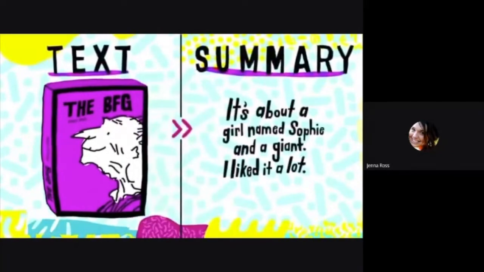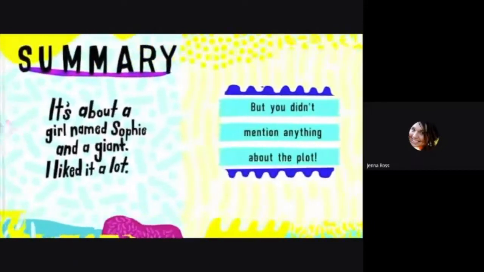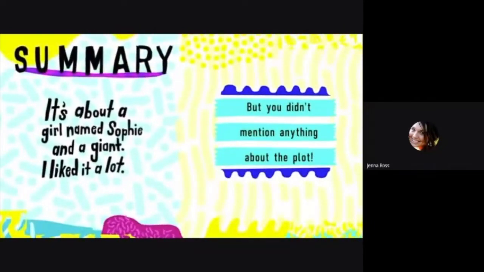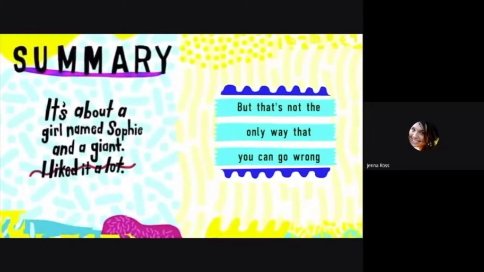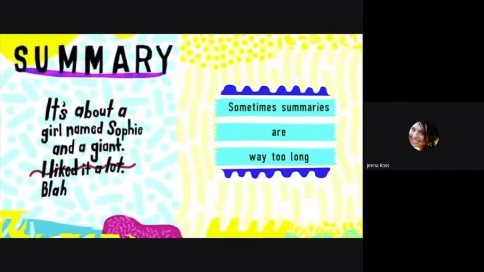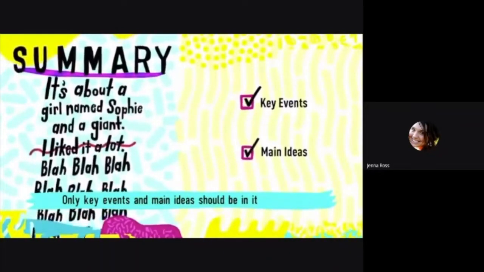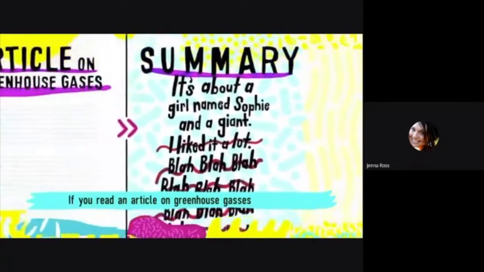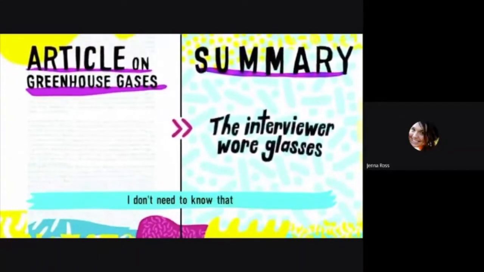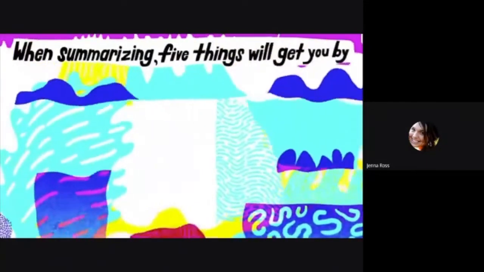Your summary, it's about a girl named Sophie and a giant. I liked it a lot, but you didn't mention anything about the plot. That summary is missing critical facts. You said you liked it, we don't need to know that. But that's not the only way that you can go wrong. Sometimes summaries are way too long. Only key events and main ideas should be in it. So cut out any extra info to win it. When summarizing, 5 things will get you by.